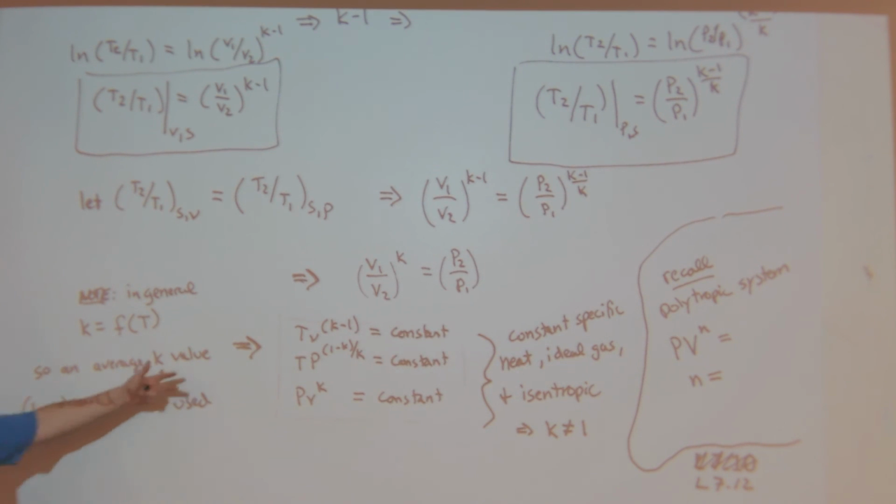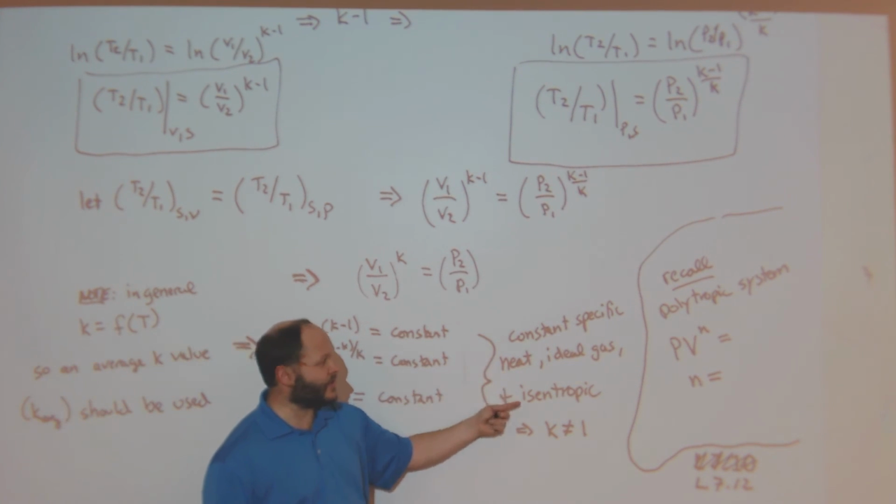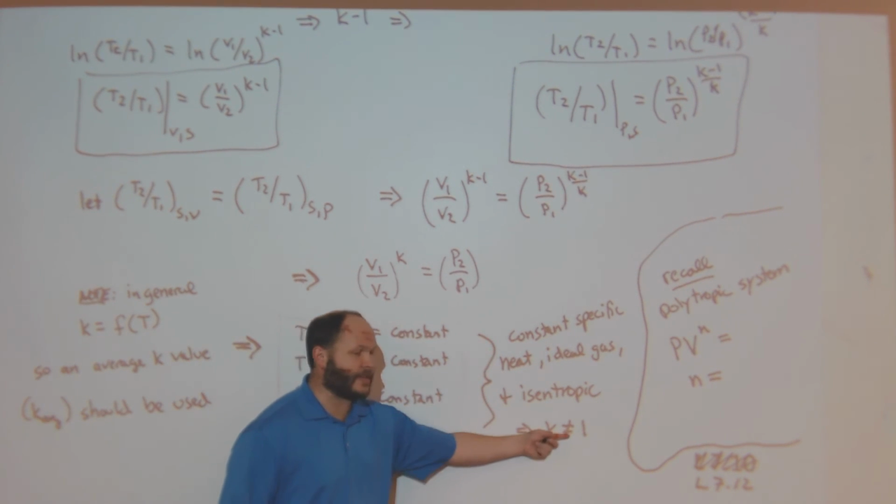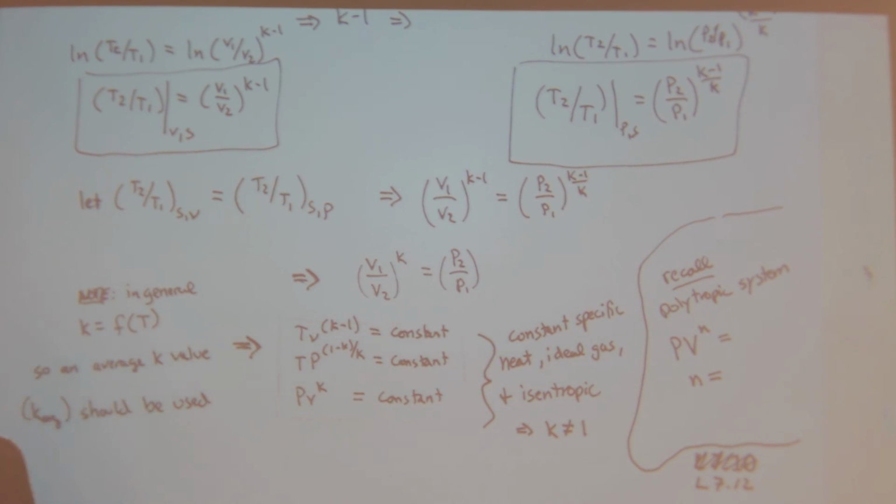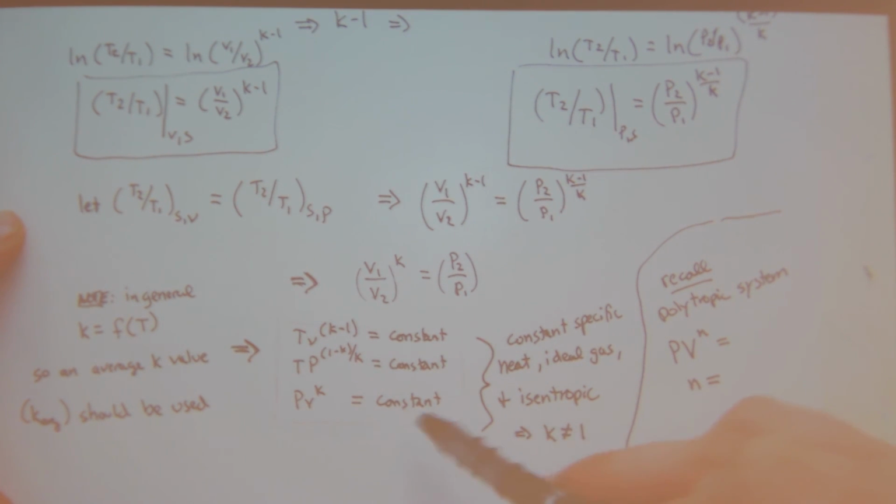So all of these expressions are for constant specific heat, ideal gas, and isentropic, K does not equal 1. So there's a difference between heat capacity at constant pressure and heat capacity at constant volume. So I have this expression Pv to the K equals a constant.